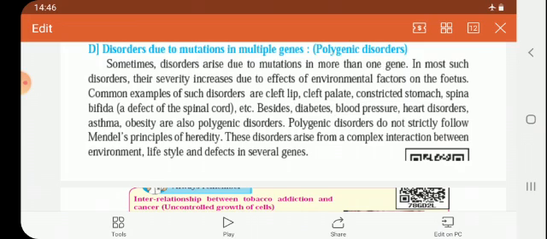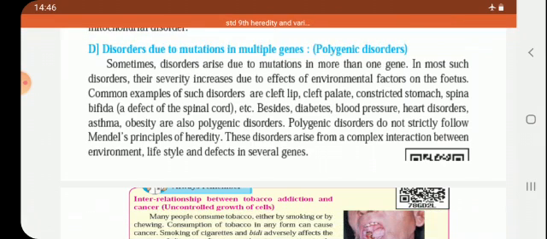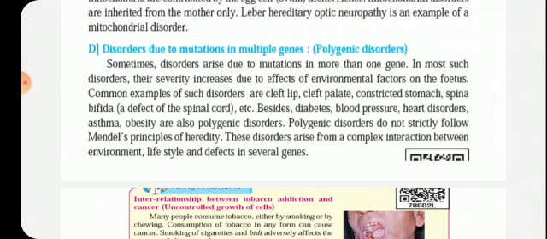Common examples are cleft lip. Children, cleft lip means the lip is broken, or some child does not have part of the lip. Then cleft palate. Palate means the upper part of our mouth, we say talu. That part is broken.